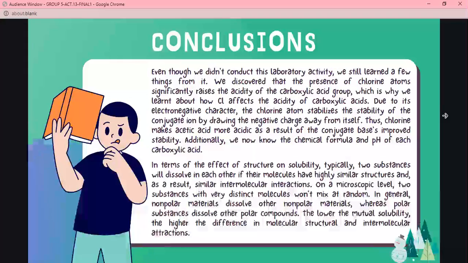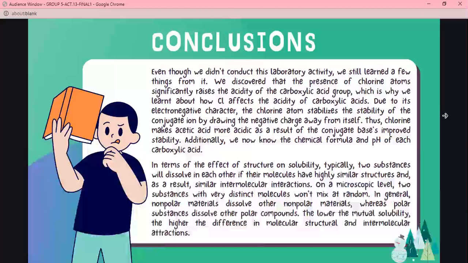Due to its electronegative character, the chlorine atom stabilizes the conjugate ion by drawing the negative charge towards itself. Thus, chlorine makes acetic acid more acidic as a result of the conjugate base's improved stability. Additionally, we now know the chemical formula and pH of each carboxylic acid.